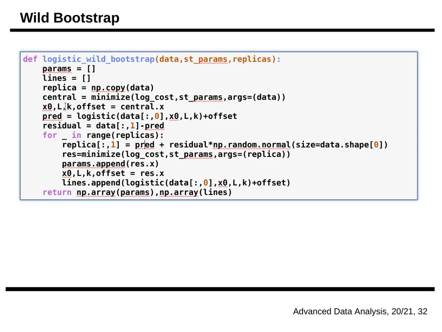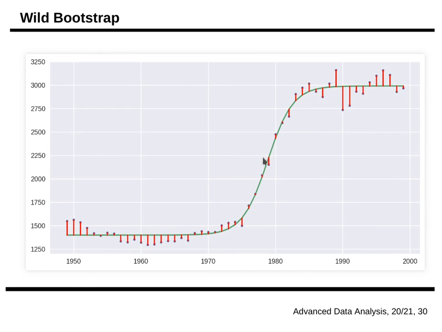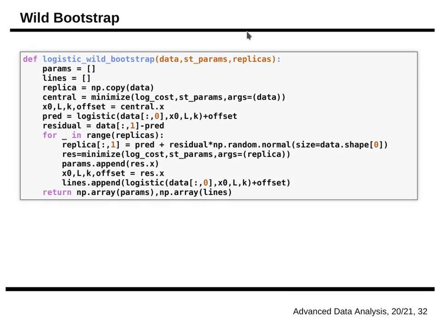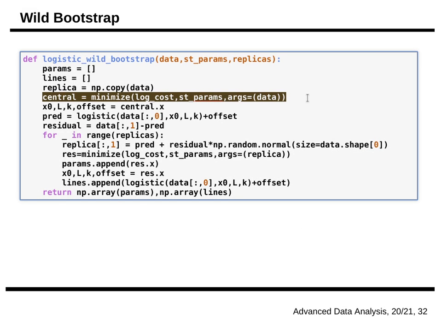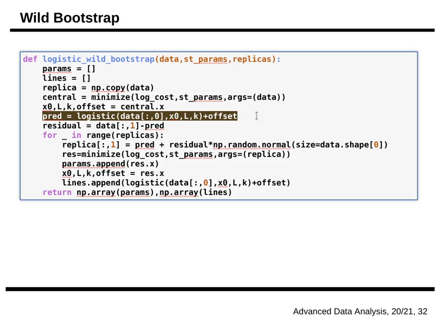Now the prediction is the original prediction I have from this curve here. So these are my predictions for each point, the first curve that I got by fitting the model. What I do is fit the model by minimizing the log cost function with the starting parameters that can be specified here, and I unpack the results and create the prediction.